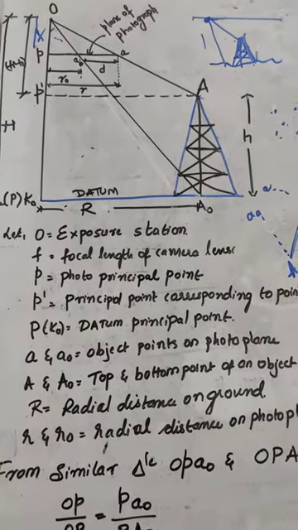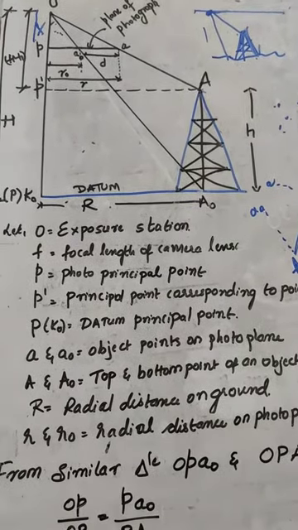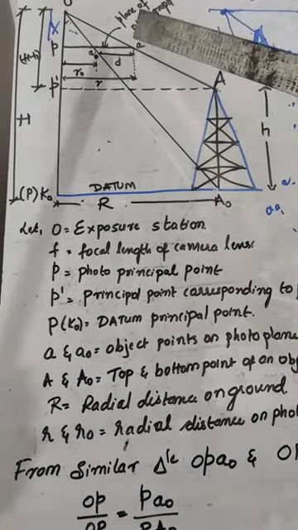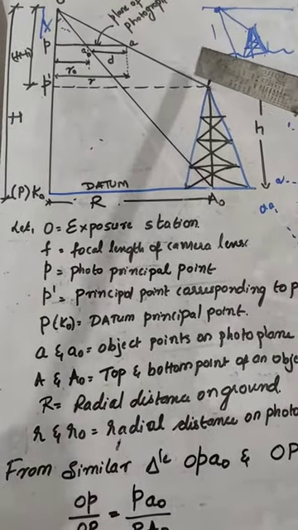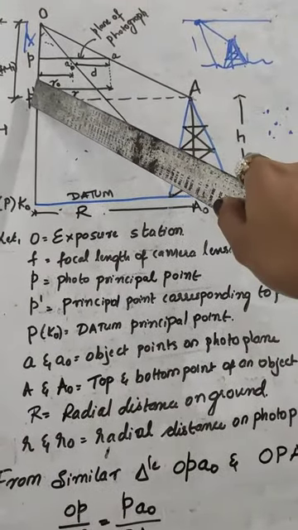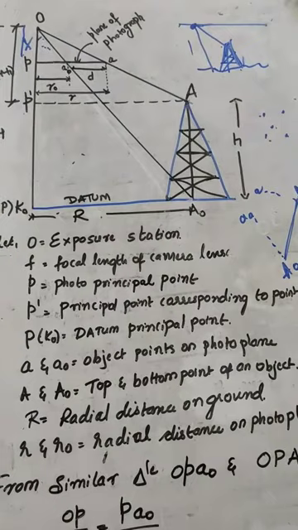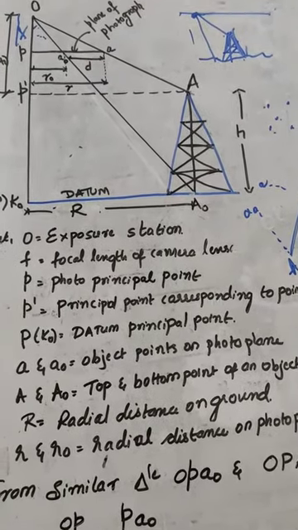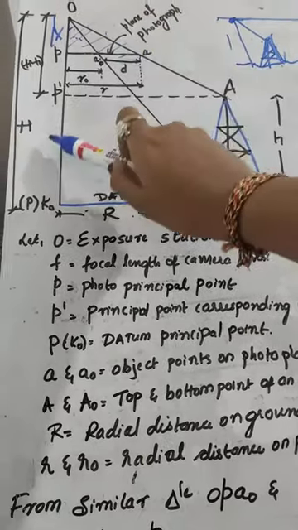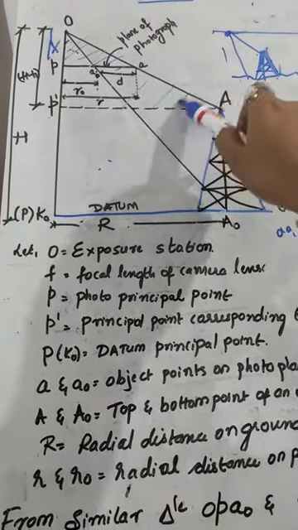Now similarly we are applying the similar triangle rule for O small p and the top point A, and O P dash and A. So here we are considering this portion as well as this entire portion.